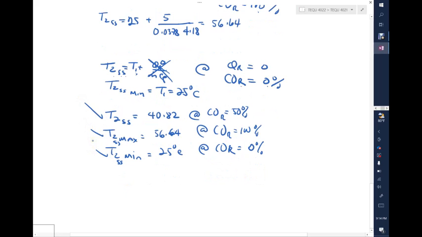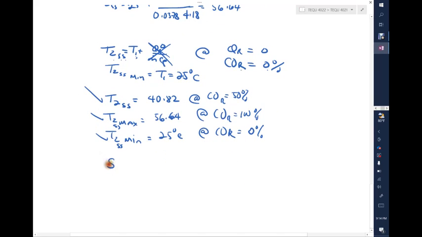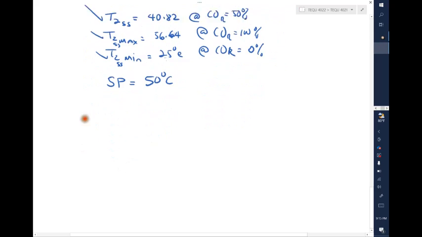With that said, the set point can now be easily established, because the set point for this system, under these parameters, has to be a value between 25 and 56. Whatever you set as a set point will work okay. For example, if I say 50 degrees C, the system will look like this.